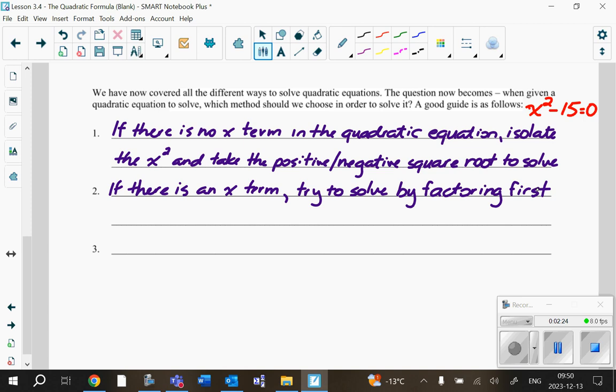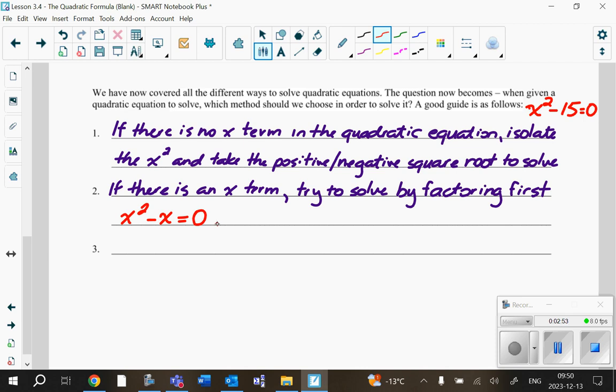That means you get everything on one side, 0 on the other, and then you factor. And it could be GCF factoring, it could be x squared trinomial factoring, it could be ax squared trinomial factoring. So examples would be like x squared minus x equals 0. That's got an x squared term and an x term, so we're going to have to do factoring if we can.